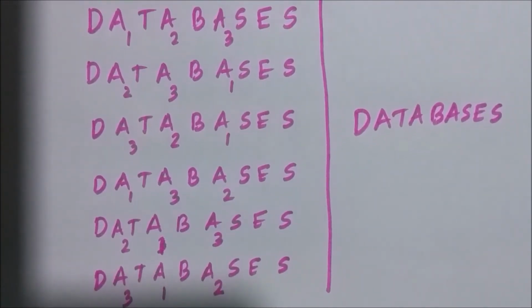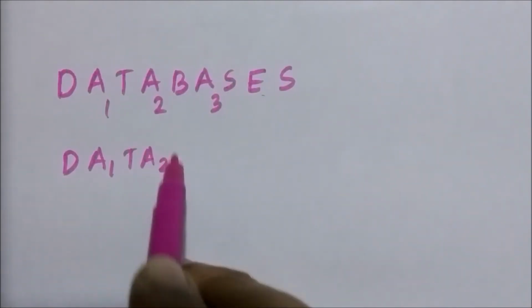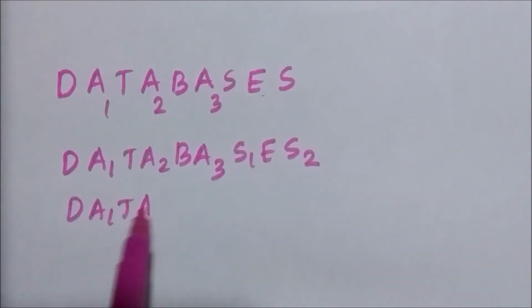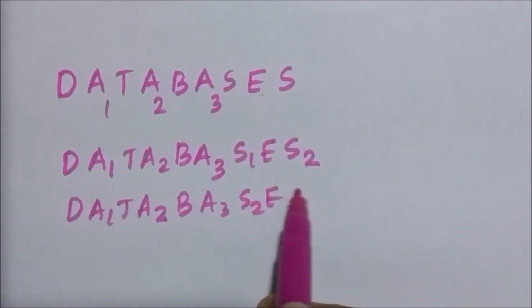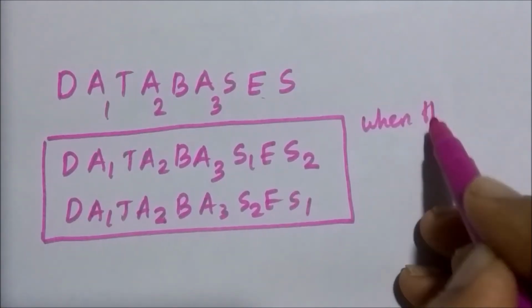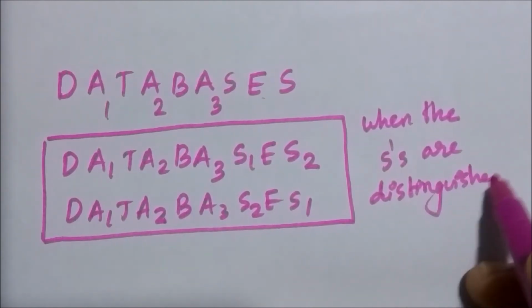Now, for each arrangement where the A's are distinguished, we also have 2 arrangements where the letters S are distinguished. You can see an example here. When the S's are distinguished, we have 2 arrangements for each of the possible arrangements where the A's are distinguished.